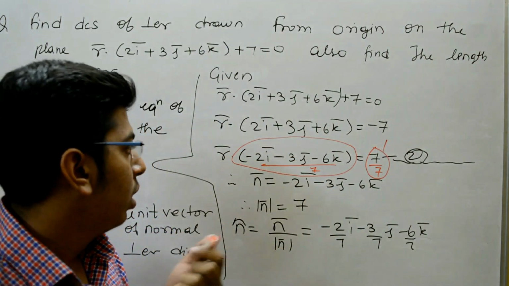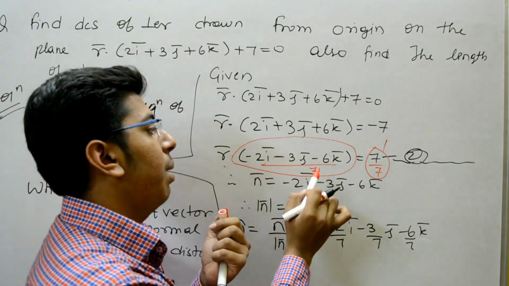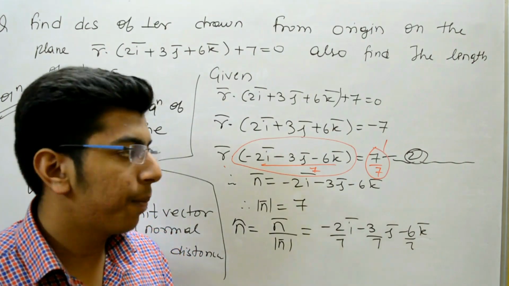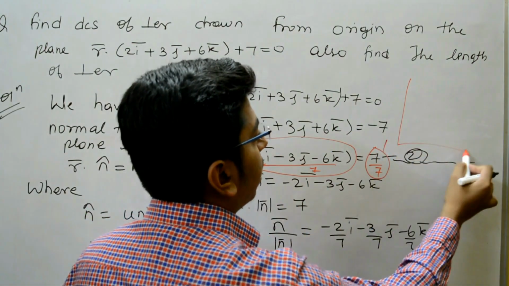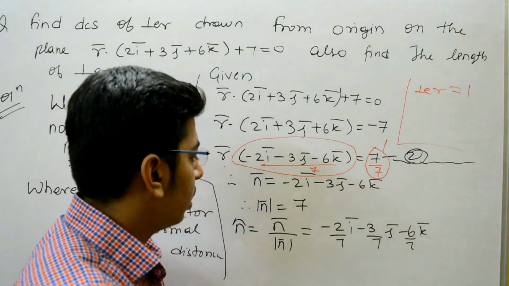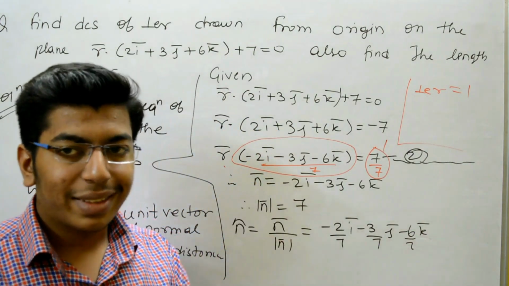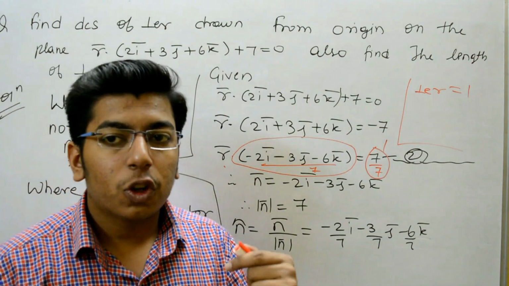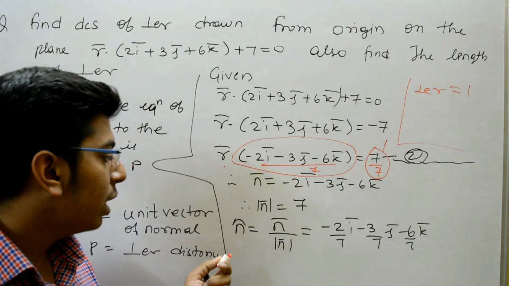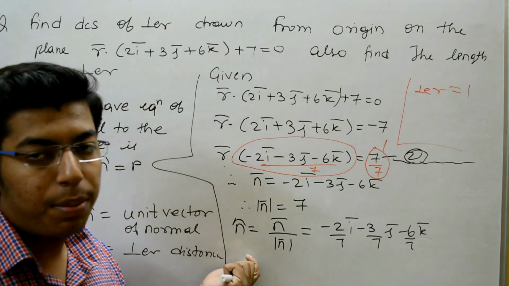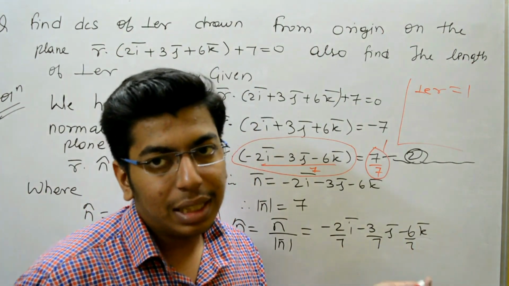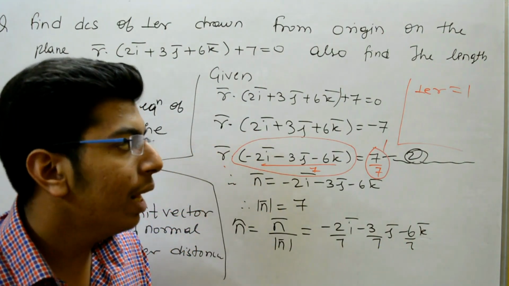That is, this equation is converted into normal plane form. So this is r dot n cap is equal to p. Here p is 7 upon 7, that is 1. So the perpendicular distance is equal to 1. And the direction cosines: I have already told you that the coefficients of this n cap, that is minus 2 by 7, minus 3 by 7, minus 6 by 7, are the direction cosines.